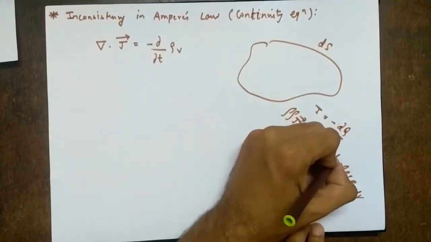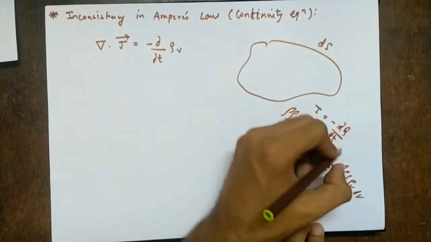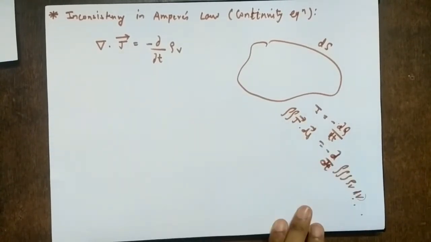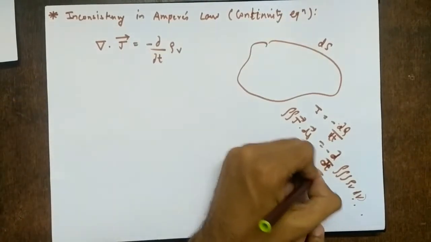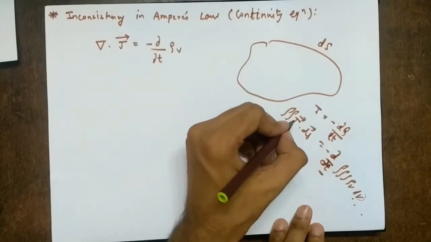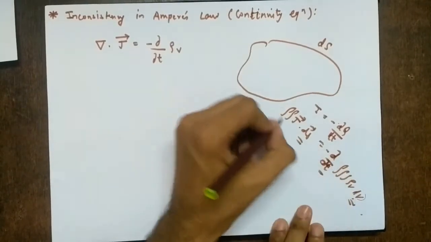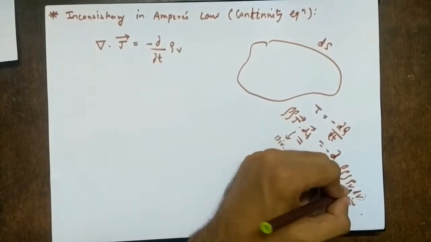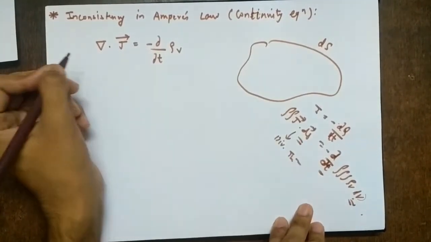We converted d by dt to partial derivative because dv is dx dy dz, so it depends on three variables. Now this is a surface integral and this is a volume integral, so we apply the divergence theorem, get a volume integral, and when we solve, we get this equation.